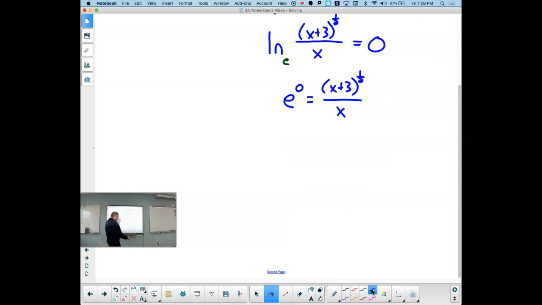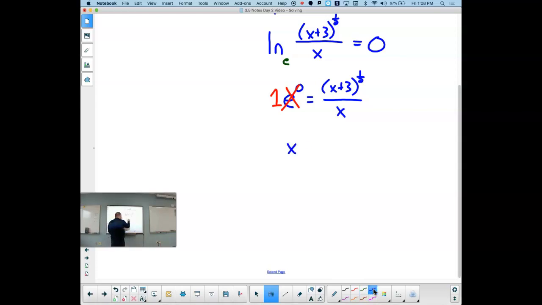Anything to the 0 power is 1. We can make that left side be 1. And then I would multiply both sides by x to clear that fraction. At the same time, I'm going to rewrite an exponent of 1/2 as a square root.